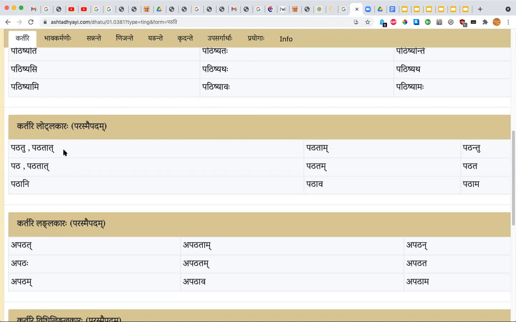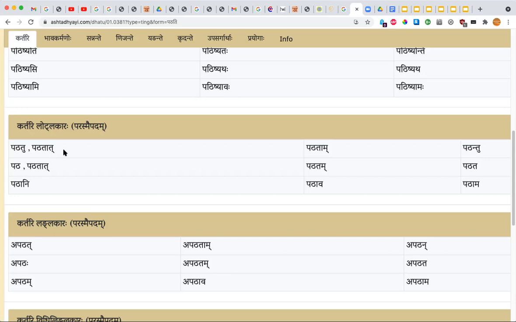So for Prathama Purusha, instead of Bhavan or Bhavati, use some other Karta. Ramaha Patatu. Before we go to Dvivachana, let us clarify something.